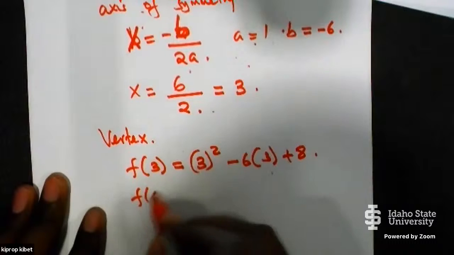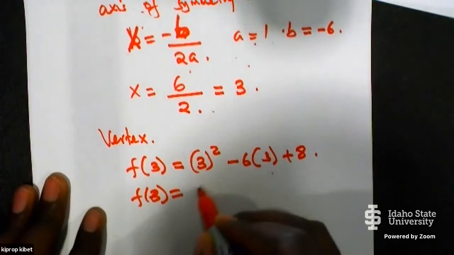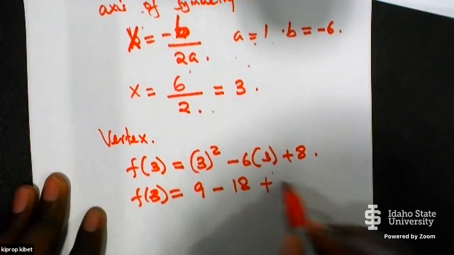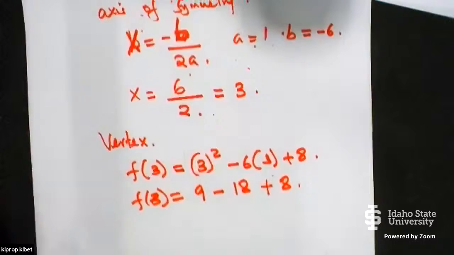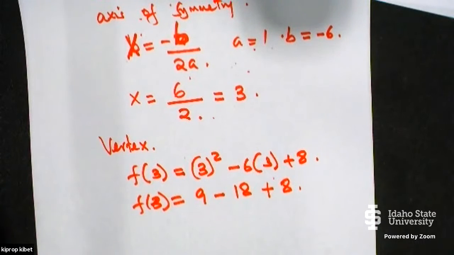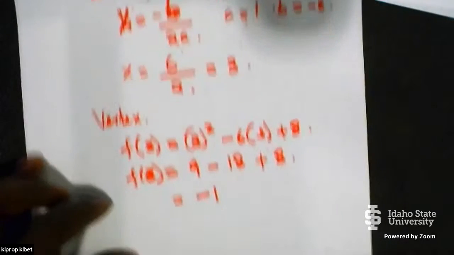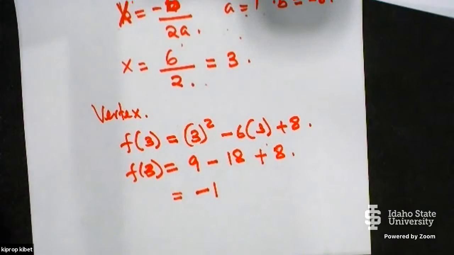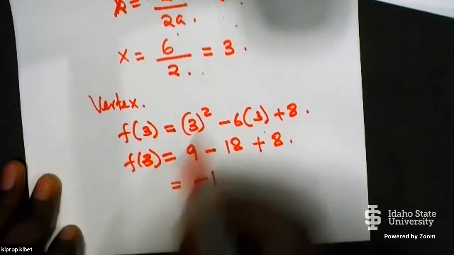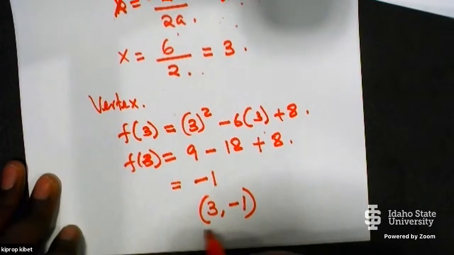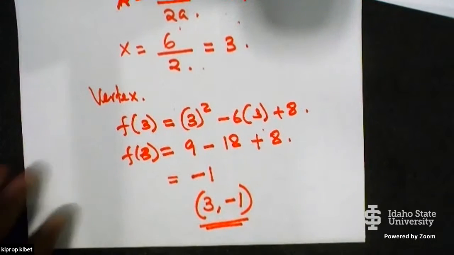So f of 3 equals 9 minus 18 plus 8. What do you get? So this is equal to minus 1, right? Minus 1. So our vertex will be 3, minus 1. So that is our vertex.